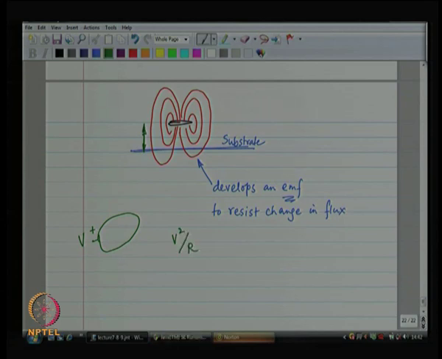Okay, suppose this track from end to end has a resistance R, then the power lost is V squared by R, which means that as R goes up, the power lost goes down.